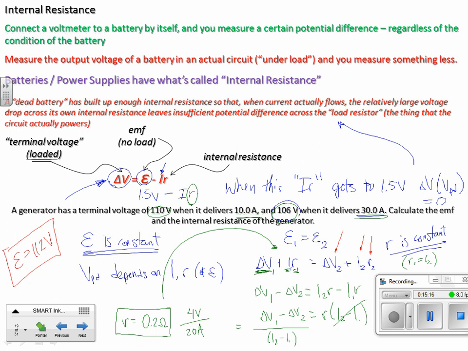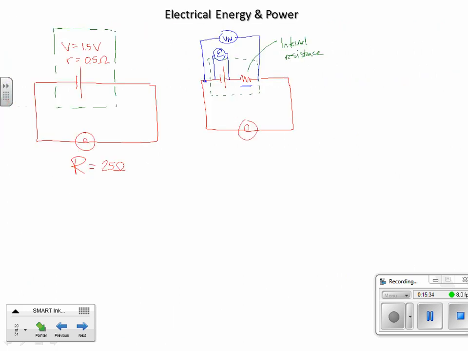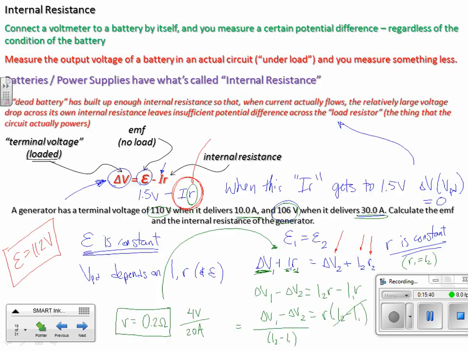You're going to lose some potential right inside the power source itself. Ideally, the power source's internal resistance is small enough so that you don't lose too much potential inside the source. You can use most of it, in this case, to light the lamp.